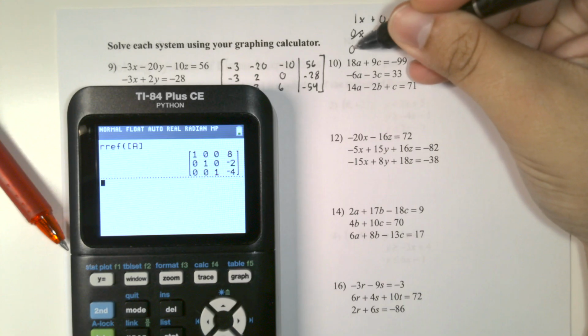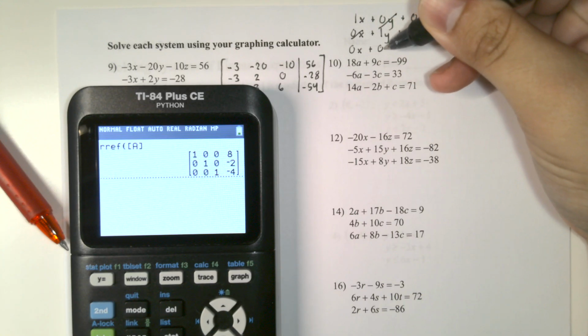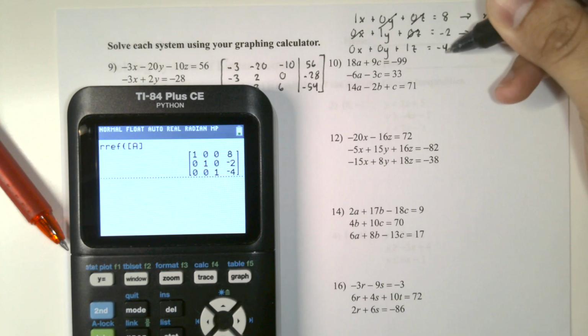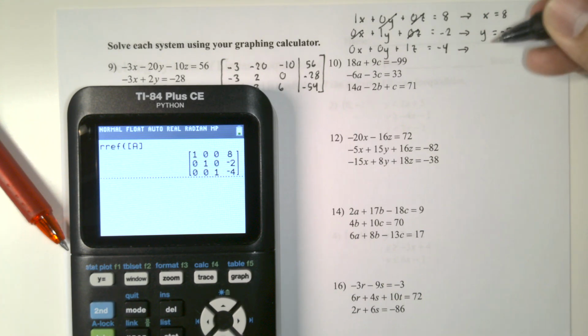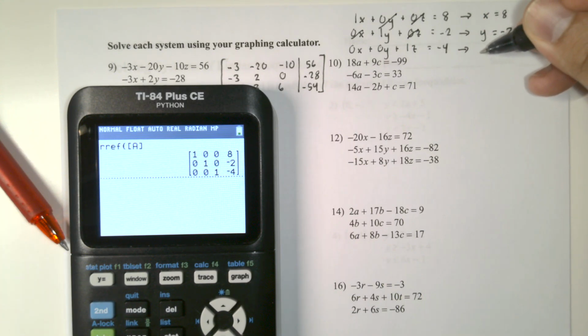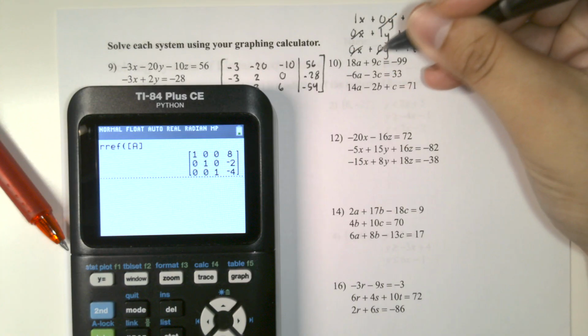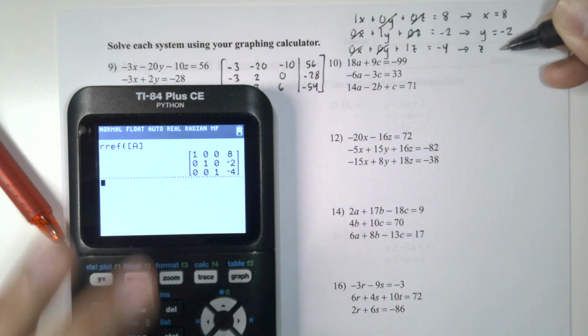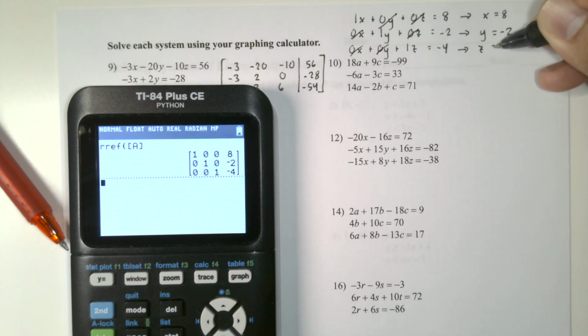And for the last row, you have 0x plus 0y plus 1z is equal to negative 4. And that means that, because you don't need 0x and 0y, z is equal to just negative 4.